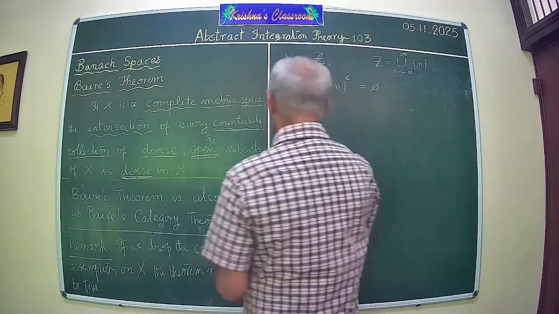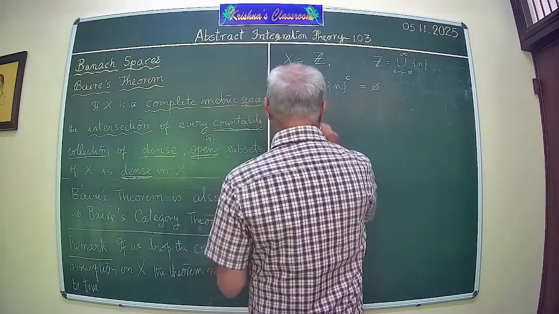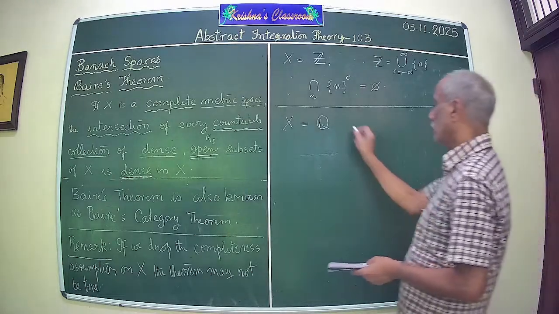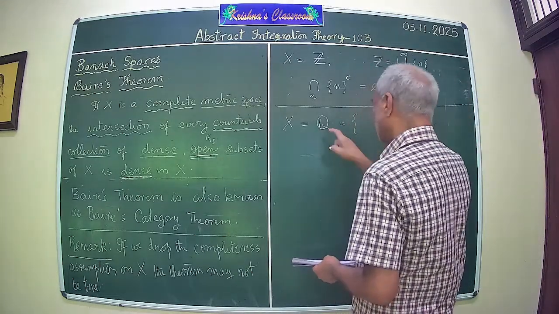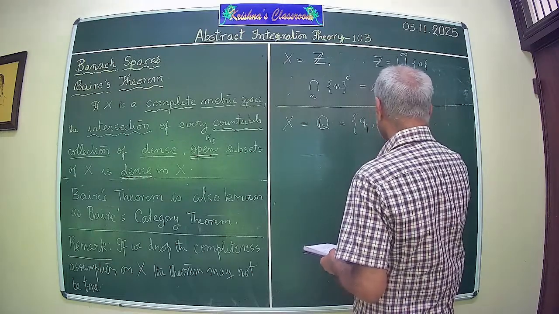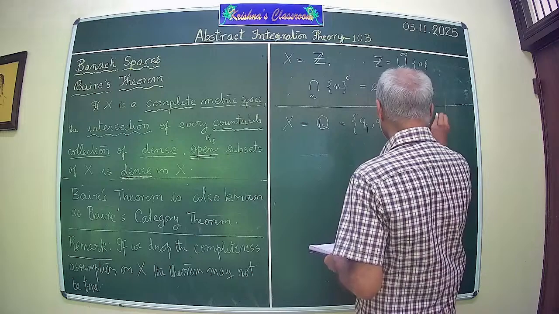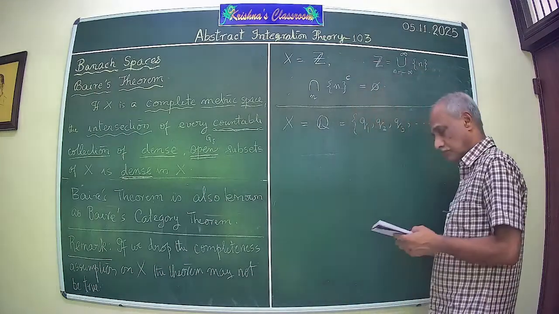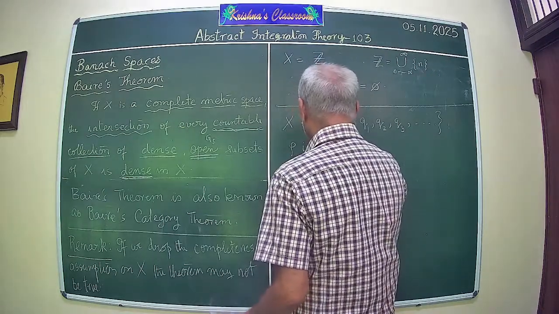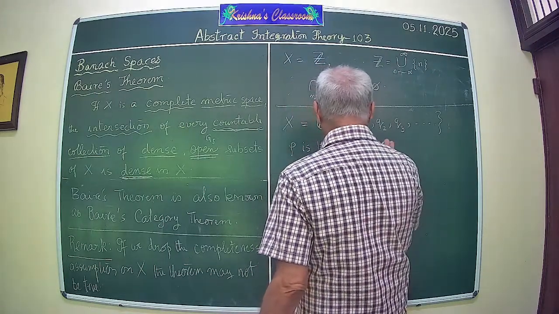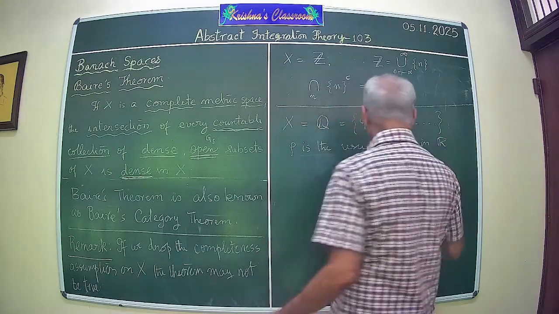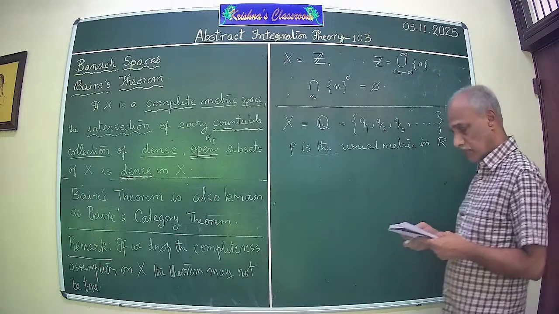We give the following example. Take X to be the set of rationals. Now you write this as a countable collection, because you can enumerate them. Now rho is the usual metric.